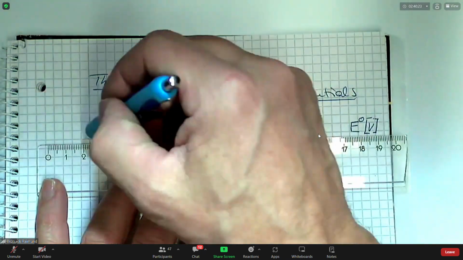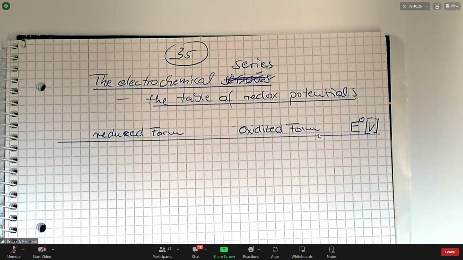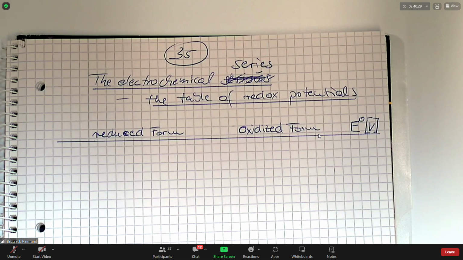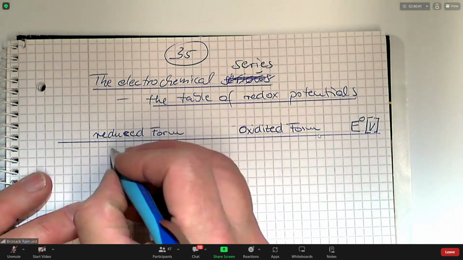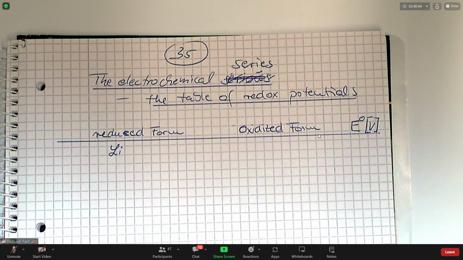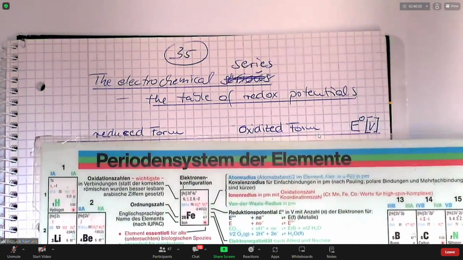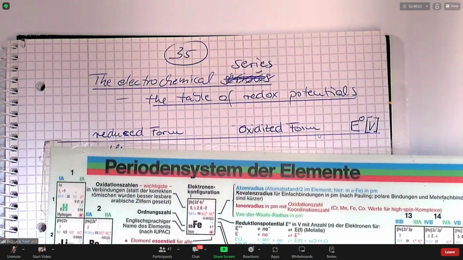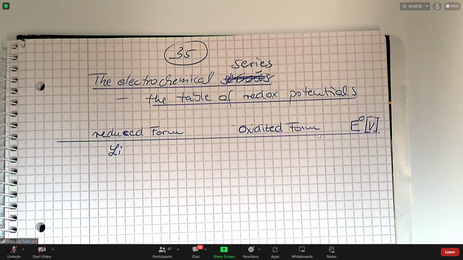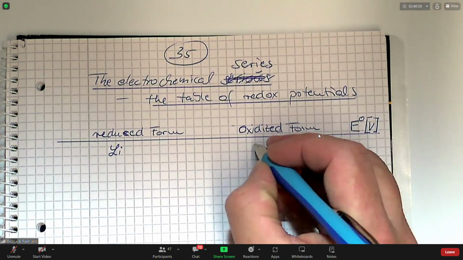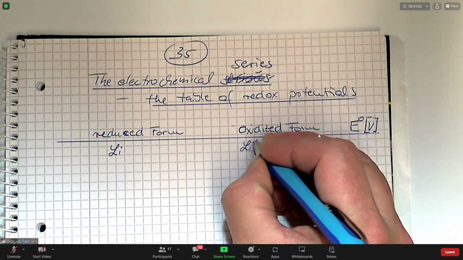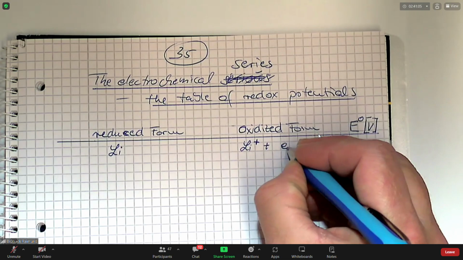Now we create a table. And the standard redox potential always is measured in comparison to the hydrogen system, as mentioned before. Let's start with lithium. The reduced form Li, what will happen to lithium? It is an alkali element in the first group, so it will be oxidized normally by itself. The oxidized form is Li+, and we have one electron created.